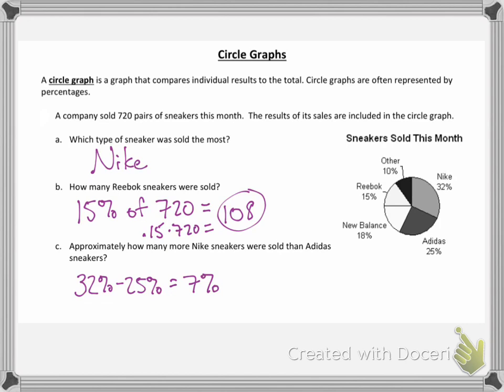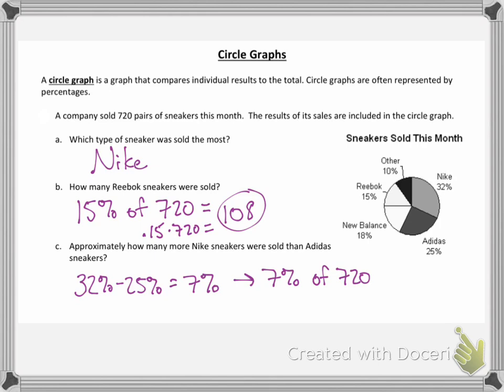So if it was asking for the difference in percentage, that's all you would do. But since it's asking how many more Nikes were sold, we want to use that 7% and apply it to the overall amount of sneakers sold, which is 720. So I want to find 7% of 720.